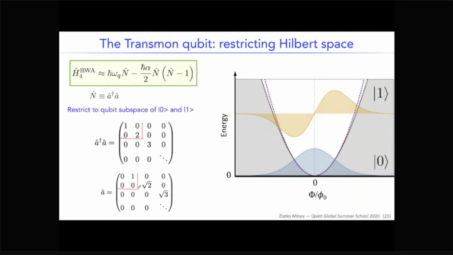And so the photon number operator, A dagger A, looks like this, and my notation here means that, let's take the term 2. This term of the matrix corresponds to an operator that takes the state 1 and maps it to the state 1 with amplitude 2. That's what my notation represents.